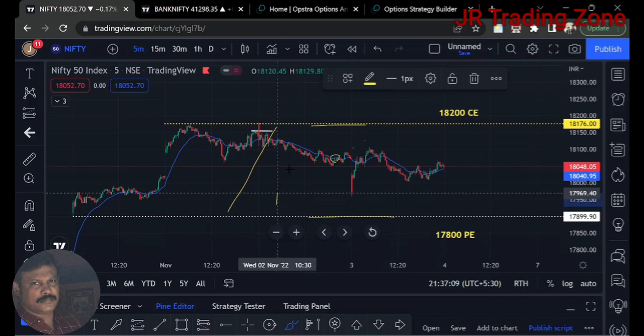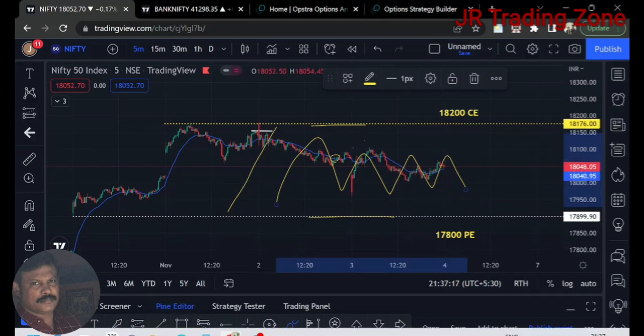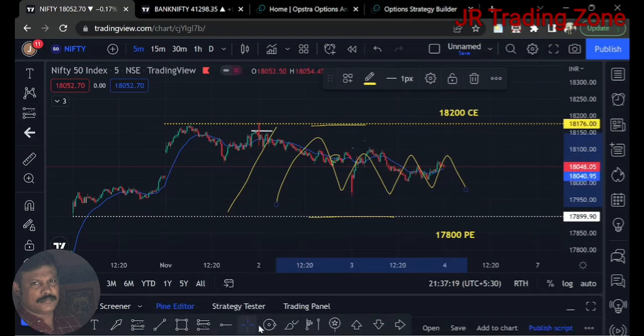You are assuming that the market will be traveling within this range till the next expiry. Based on this assumption, we are going to build a strategy called short triangle.